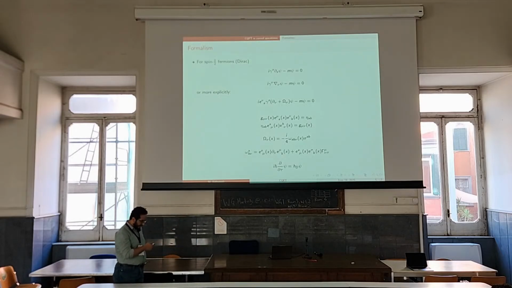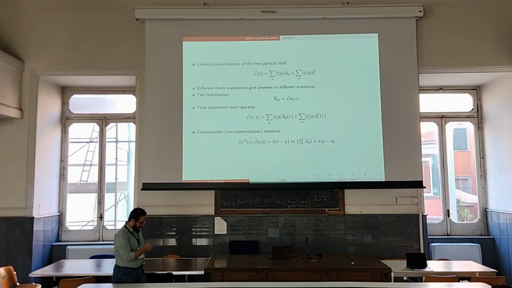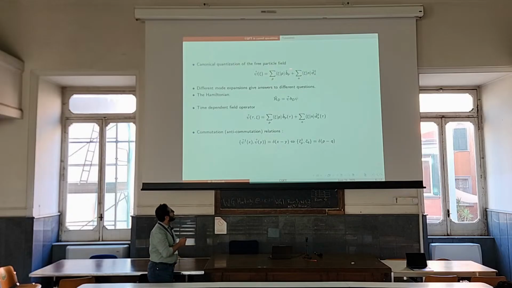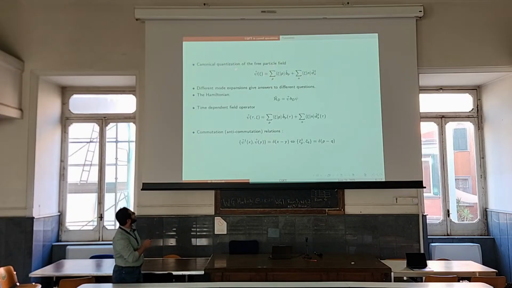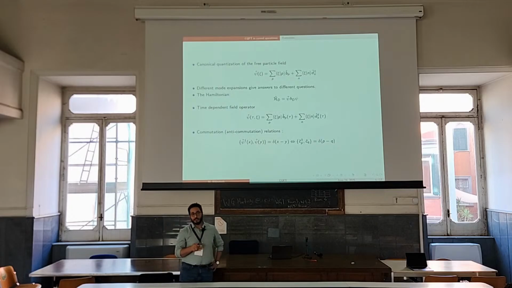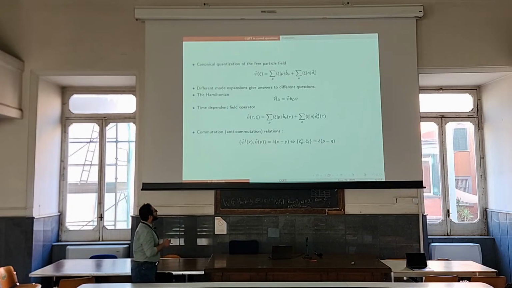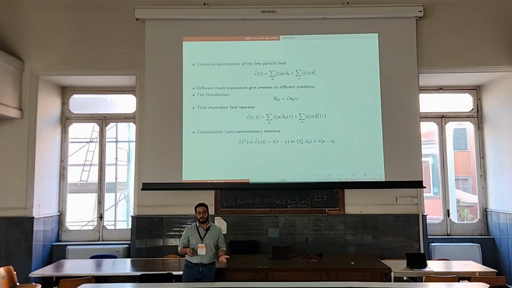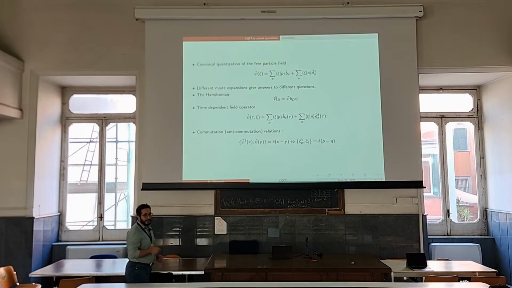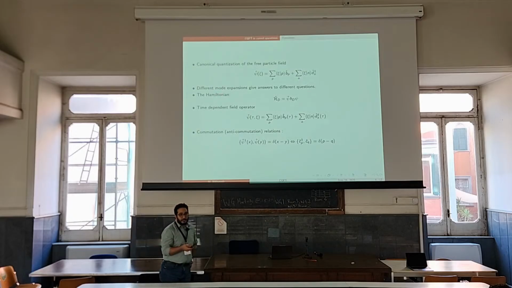So this is the first ingredient, which is the classical field equation, which could be the Dirac equation or the Klein-Gordon equation. And then we need to quantize this field by writing it in a mode expansion in terms of creation and annihilation operators. But we need to be careful about the mode expansions we choose, because different mode expansions give answers to different questions, and those questions can be irrelevant if we choose our mode expansion in a wrong way.